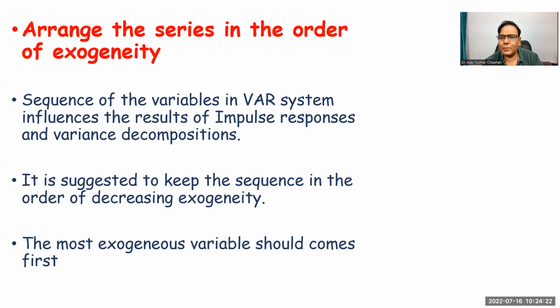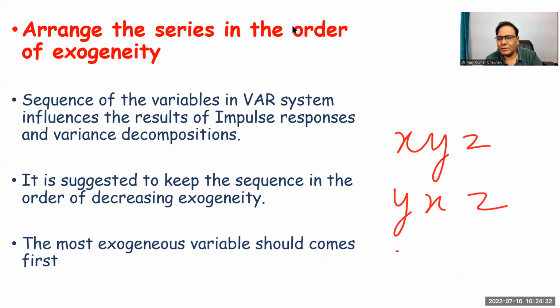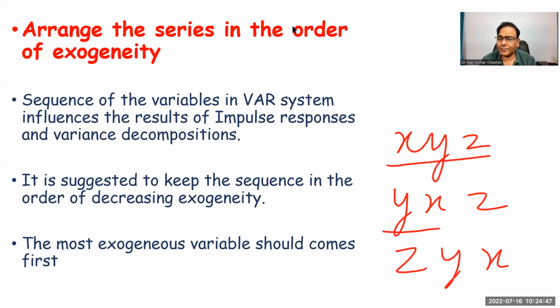If you keep the sequence x, y, z, or y, x, z, or z, y, x, each sequence will give you different results. So this is a problem in the vector auto-regression model. The sequence is very important. If you change the sequence of the variables, the result will be different.